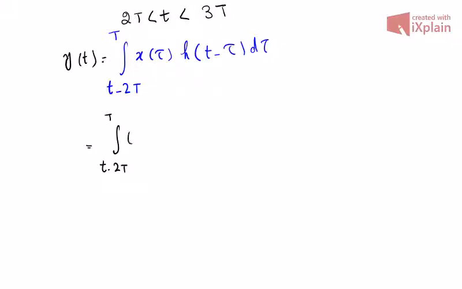X of tau is unity, and h of t minus tau, the equation is available with us, which is t minus tau d tau.